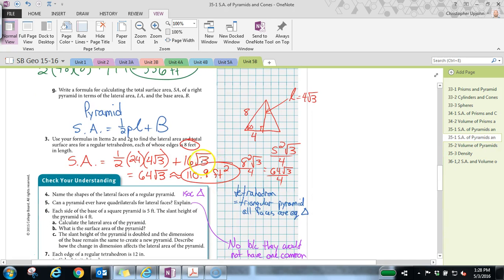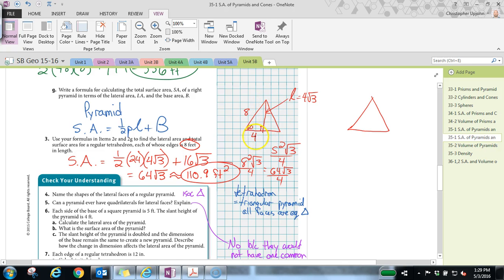So a tetrahedron is a triangular pyramid. All faces are equilateral. So if we look at the base, and all the faces look the same, well, here it is. We have 8, and it's 60, 60, 60 because it's equilateral.